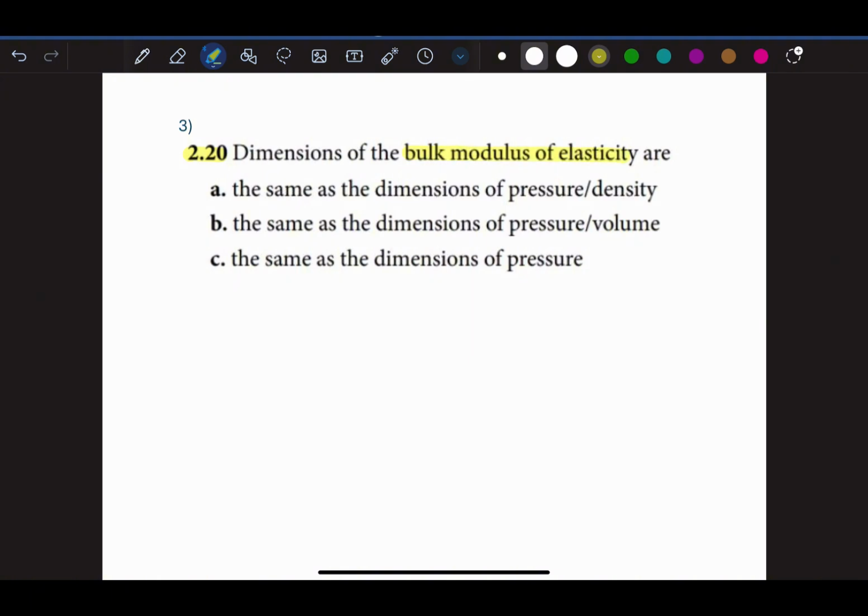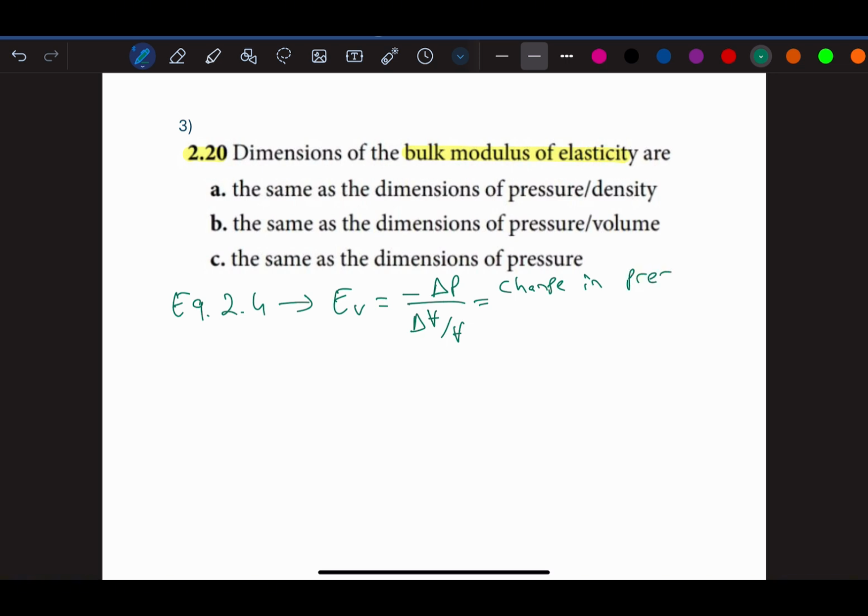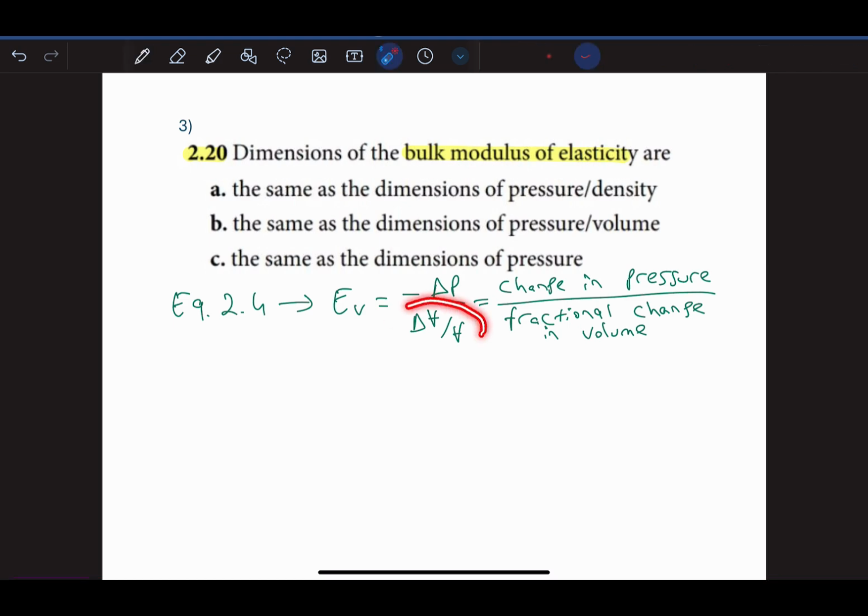You can find the equation of bulk modulus in equation 2.4, which is minus delta P over minus delta V over V. This means we have a change in pressure and a fractional change in volume.